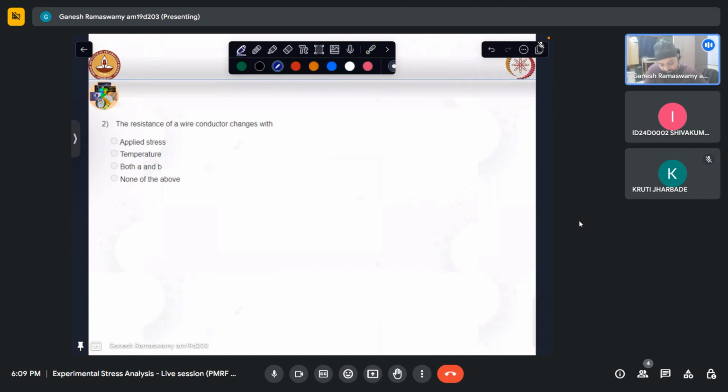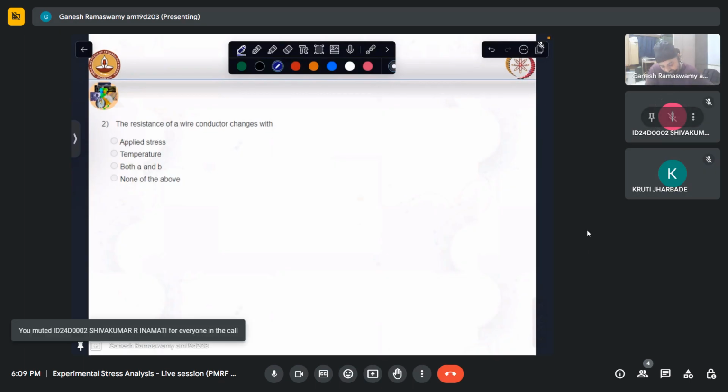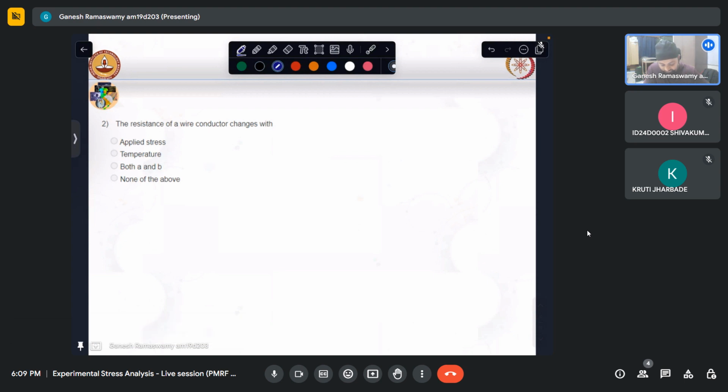The resistance of a wire conductor changes with which of the following is what is asked. Whether it is applied stress, whether it is temperature, whether it is both A and B, or none of the above.